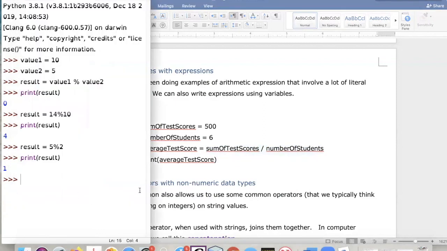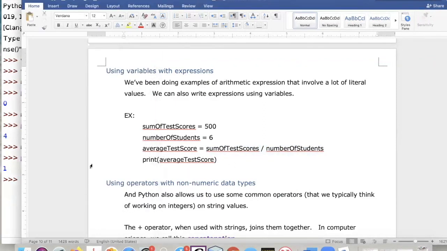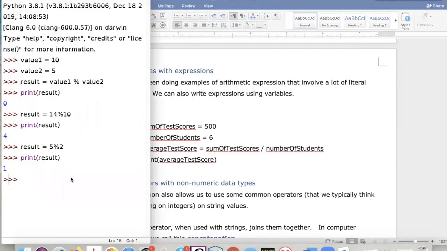By the way, what do you think would print out here? What do you think average test score is going to be? You guys can use your calculator if you want to. So if sum of test scores is 500 and number of students is 6. Oops, I spelled students wrong, but that's okay.